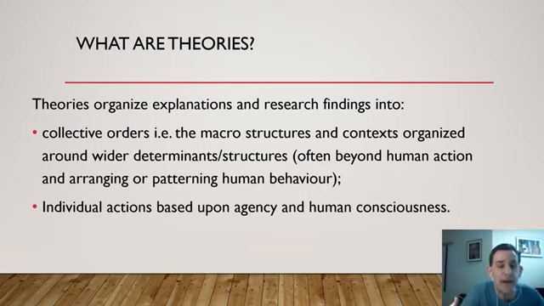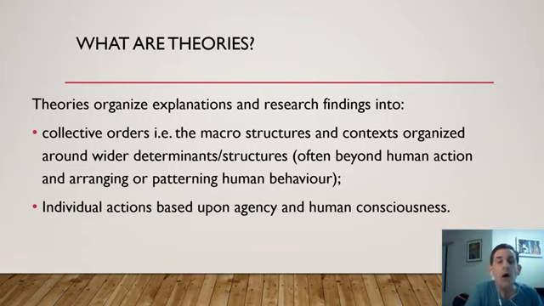However, social theories also articulate individual actions based upon agency and human consciousness. So, whilst we all live in societies which consist of wider social determinants, for example, which influence our behaviour and are above and beyond us, for example, income and poverty, as I've said, human beings have agency and consciousness, and this agency and this consciousness allows them to negotiate those social structures.